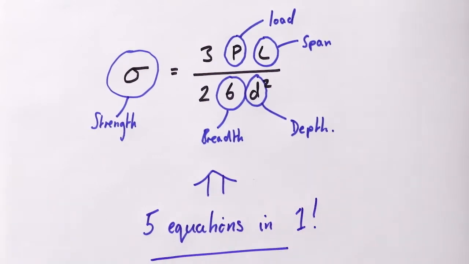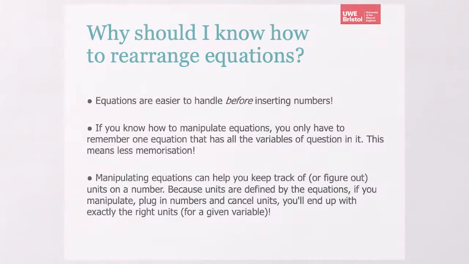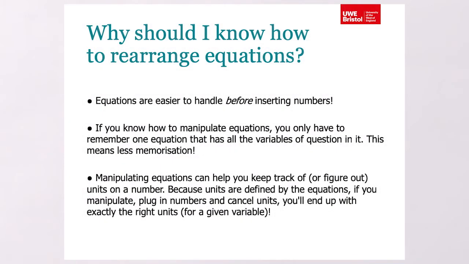You only need to memorize one thing, and if you know how to rearrange it, you have 5 equations you can use. The third reason it's very important to know how to rearrange equations is because manipulating equations can help you keep track of or figure out the units of a number. Because units are defined by the equations, if you manipulate or plug in numbers or cancel units, you end up with exactly the right units for a given variable.